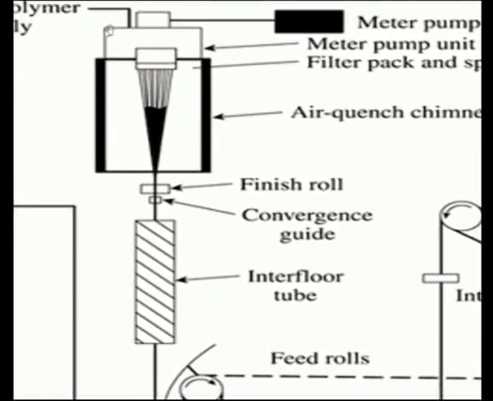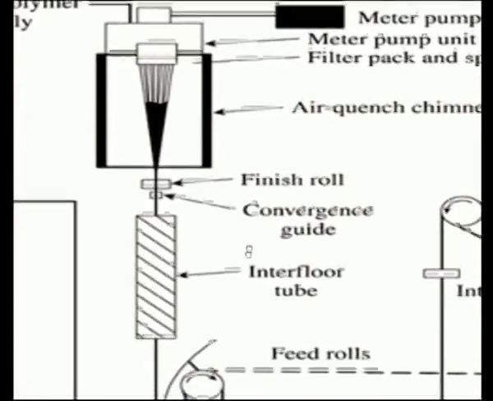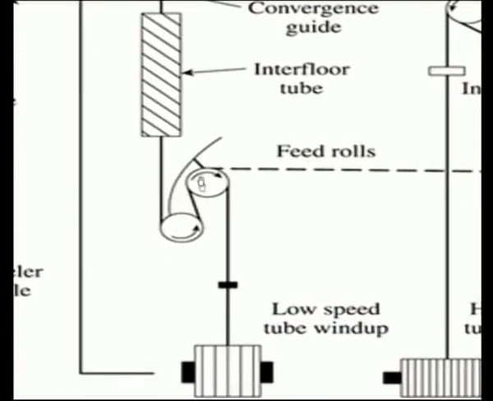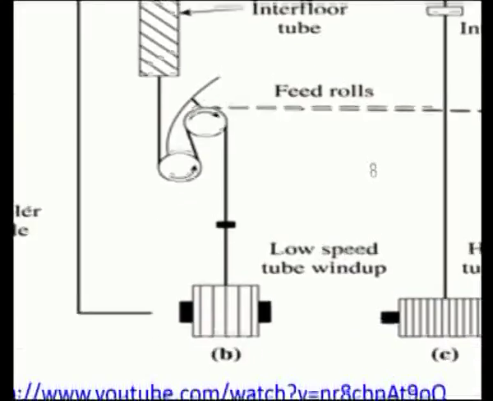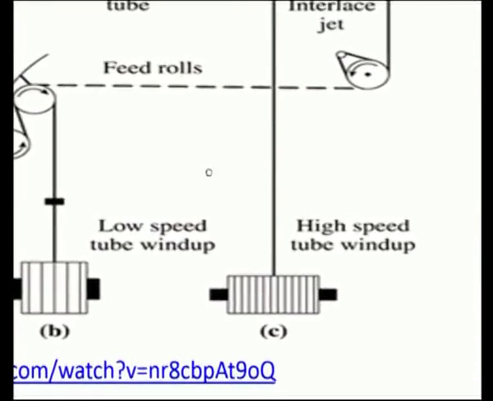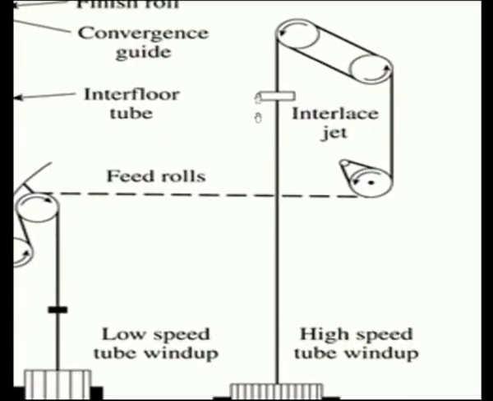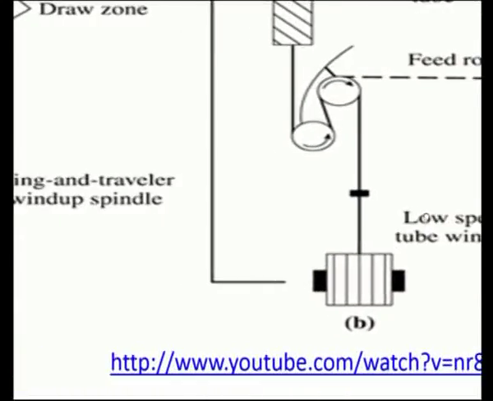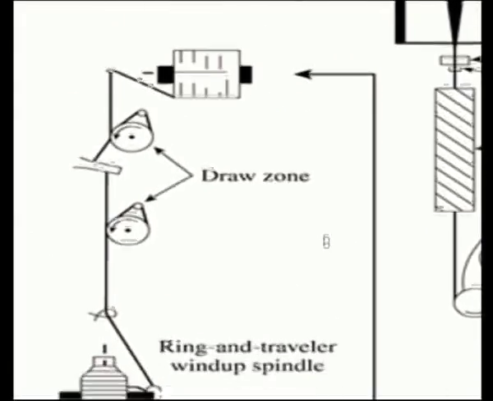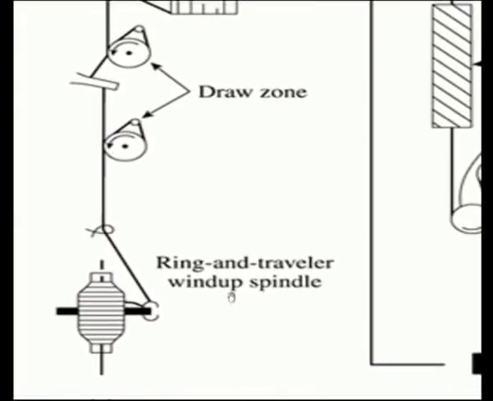All this setup, the molten polymer passes through here, the convergence guide, interflow tube, where it comes out, and the feed rolls, low speed tube wind up and high speed tube wind up, where it goes through like this and is collected. Then the draw zone, ring and traveller wind up. After finishing all the steps, it comes and is wound up here like this.